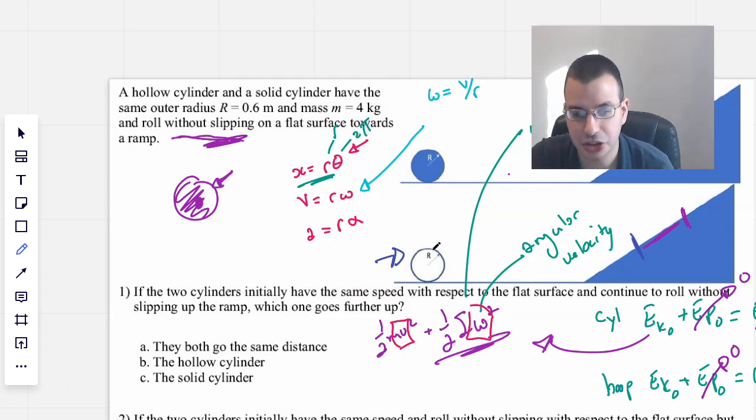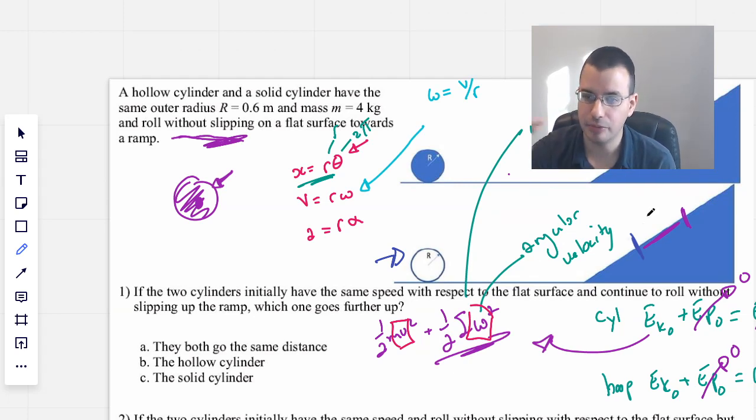It's going to take that stored rotational energy, and when it expends that kinetic energy and turns it into potential energy by rolling up the ramp, it's going to have more energy to expend, even though it starts with the same velocity, based on the geometric orientation, i.e. all the mass being at the outside.